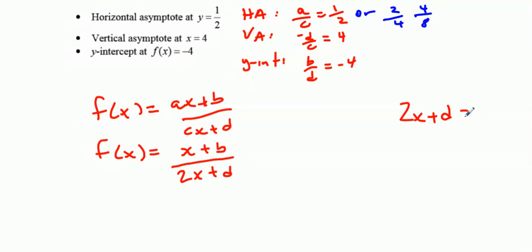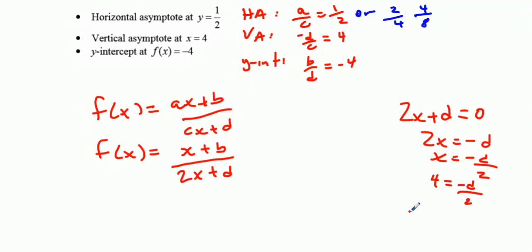So 2x equals negative d and x equals negative d over 2. So in order for that to equal 4, then negative d equals 8 and d equals negative 8.